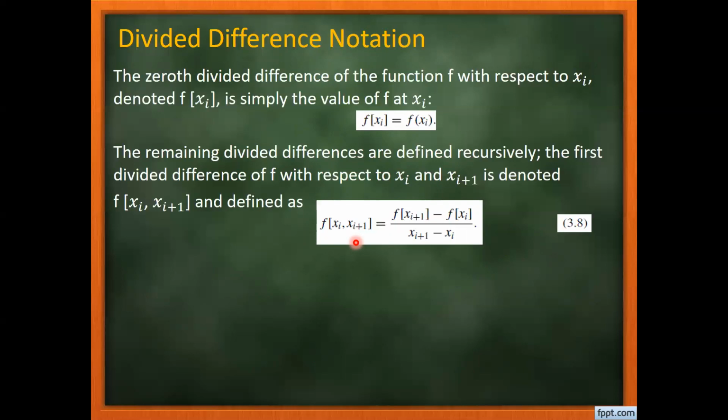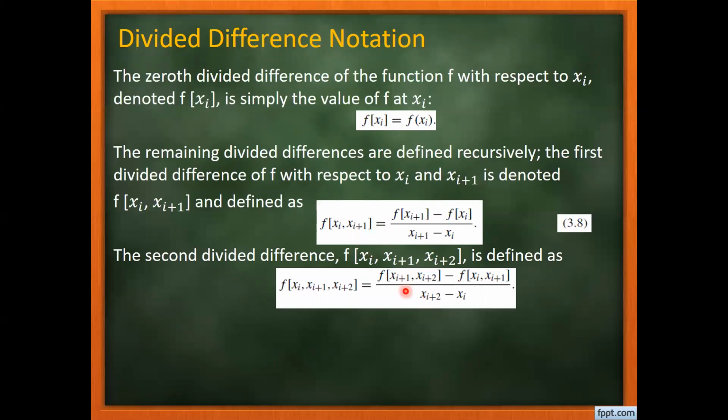Now, the second order divided difference, similarly, will be the first order divided difference at the (i+1) node minus the first order divided difference at the ith node, divided by the difference between the node values x(i+2) and xi. As you can see, as the order of divided difference increases, the number of node values also increases by 1.